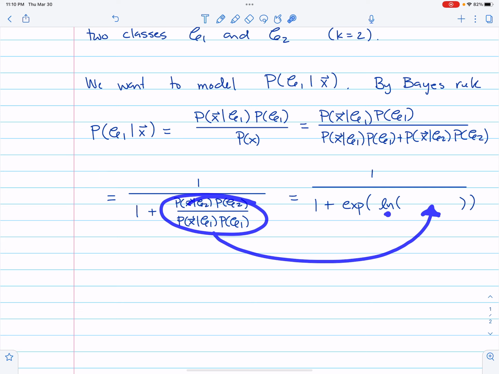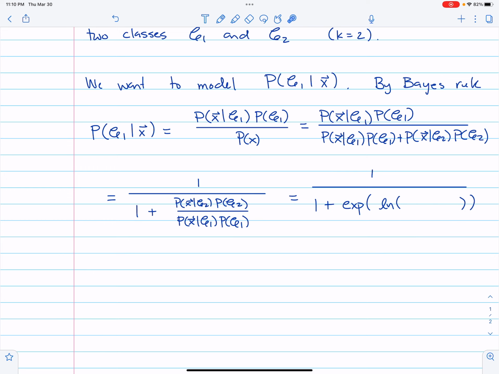Since we're taking a logarithm but then exponentiating, these two things are going to cancel. But we actually want to put a negative sign here. Because we want this negative sign, when we put this thing inside we've got to flip the numerator and denominator. So this gives me the probability of x given C1 times the probability of class C1 over the probability of x given C2 times the probability of class C2.